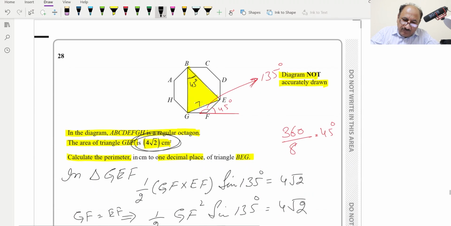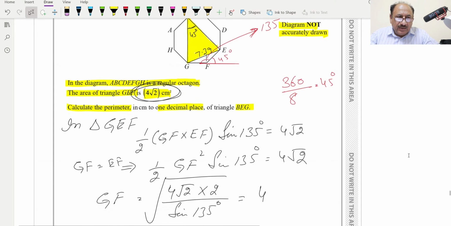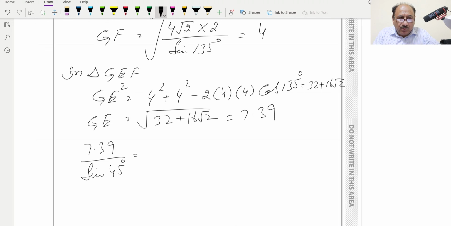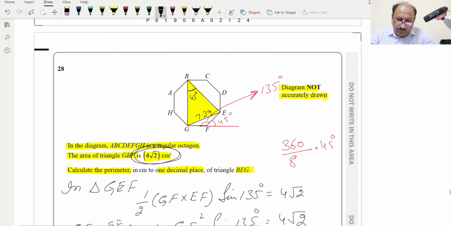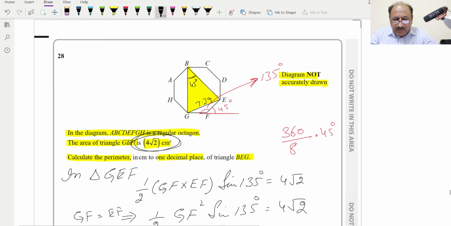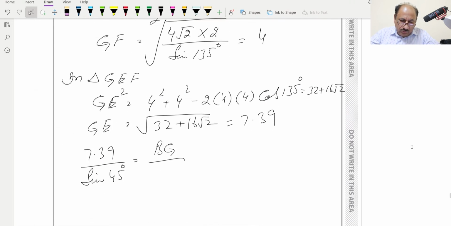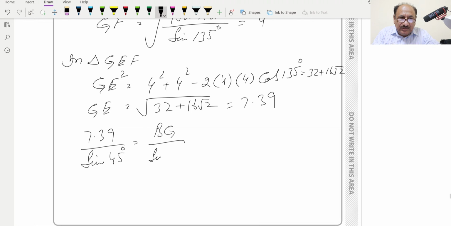Now we can apply the sine rule, and the sine rule will be 7.39 divided by the opposite angle, which is sine 45 degrees, is equal to BG over sine of 67.5. So BG over sine of the rest of the angle, and this angle will be half of 135.